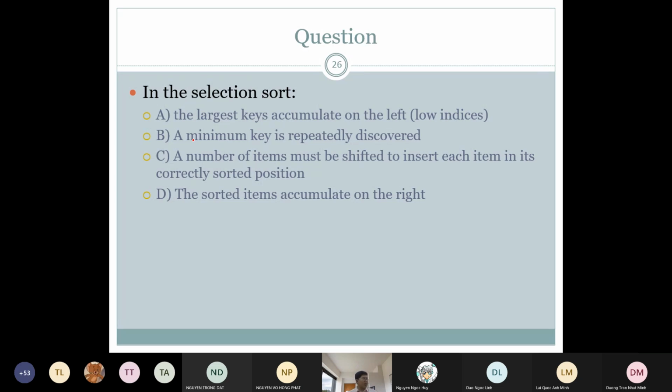Please try to answer this question. What is it? What is the answer?